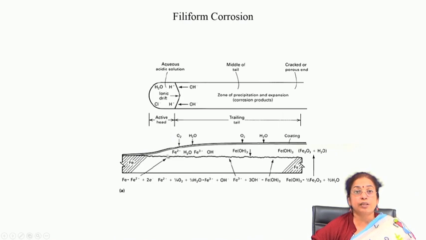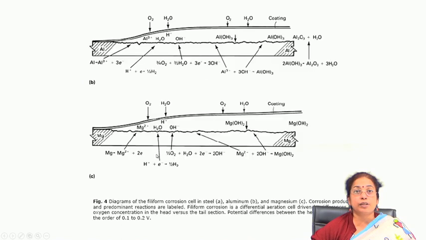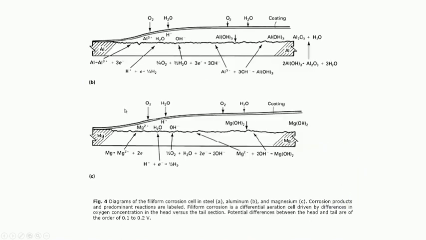This proceeds in a tubular fashion, and you call it filiform corrosion. When you look at the surface, the appearance of the filiform corrosion is like a tubular, zigzag zone on the surface.